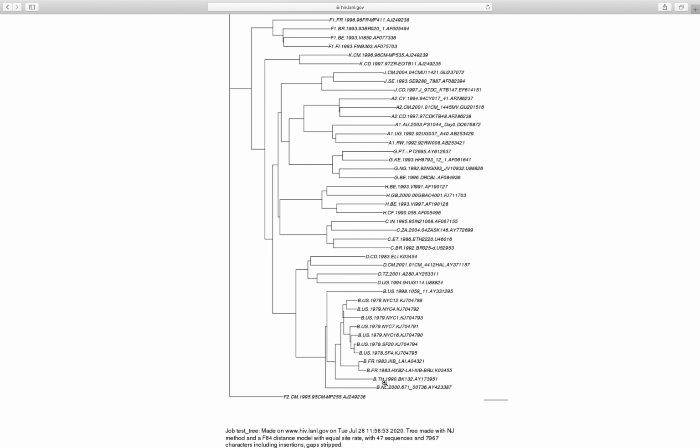These Thailand and Netherlands examples, remember, we didn't explicitly ask for them, except during the stage when we asked for references from different subtypes. So these are just the references that they added here. In addition, HXB2 is the overall reference for HIV.